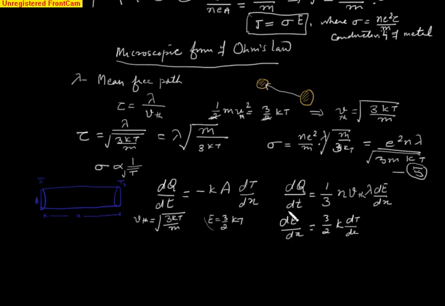Now let us substitute the value of this dE over dx, that is the energy gradient, in this equation here, and we also substitute the value of thermal velocity here.